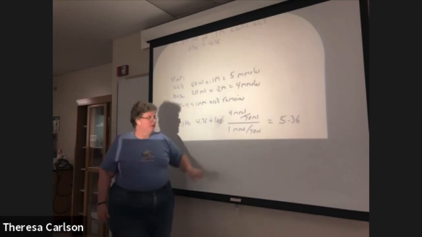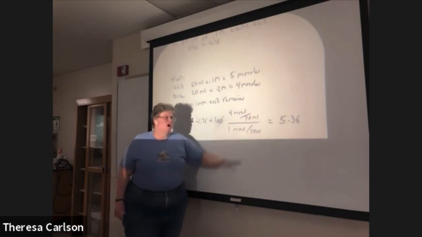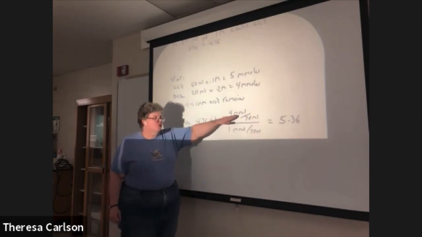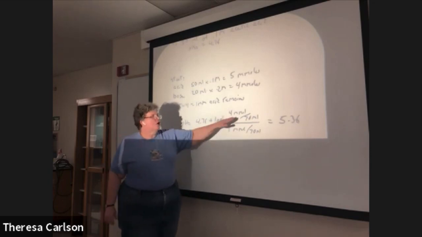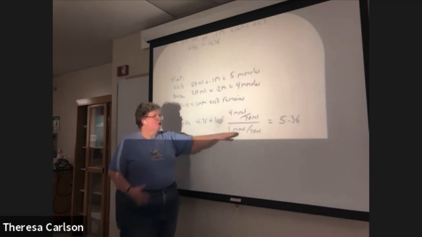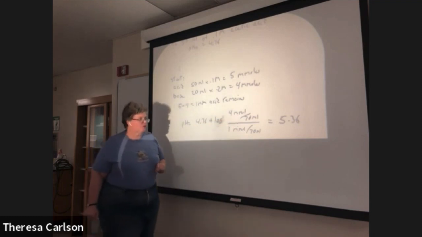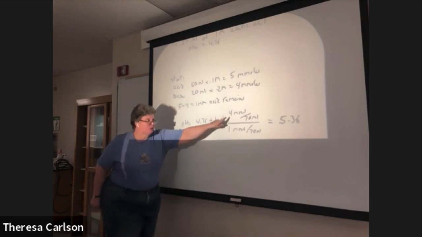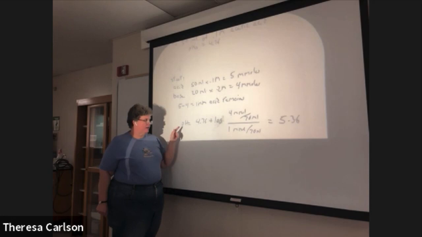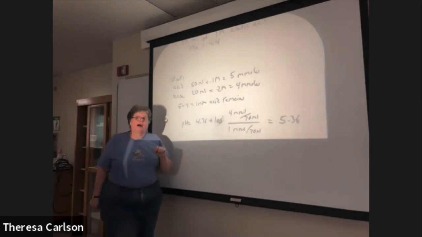But here's the thing, these volumes cancel out. So you can just use the millimoles of each and you're still going to get the same answer. So 4 millimoles of the conjugate base, 1 millimole of the conjugate acid, and then do the log of that, and then add it to 4.76, and your pH should be 5.36.